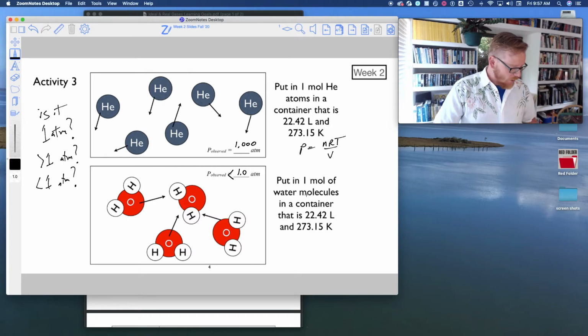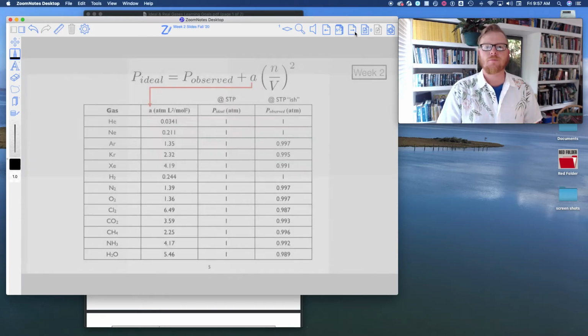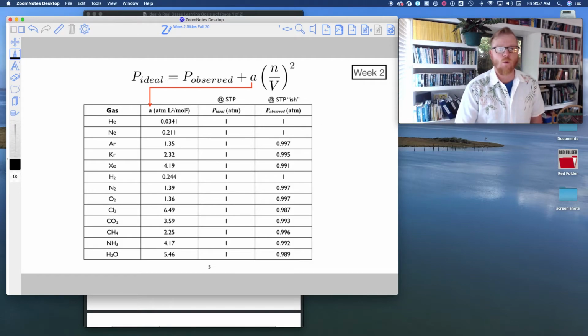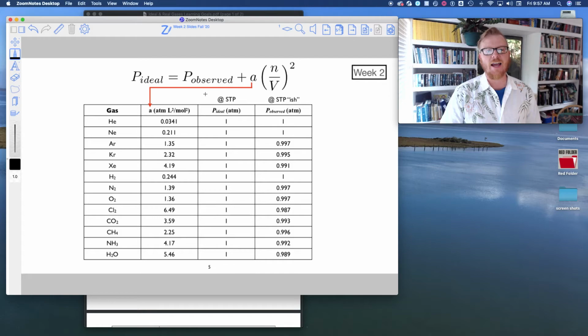Okay, so how do we start to build that up? Well, we can start to correct for what the ideal pressure should be by saying, well, this ideal pressure is going to be this observed pressure plus this whole chunk right here, okay, which represents what I'm going to call a collisional term.